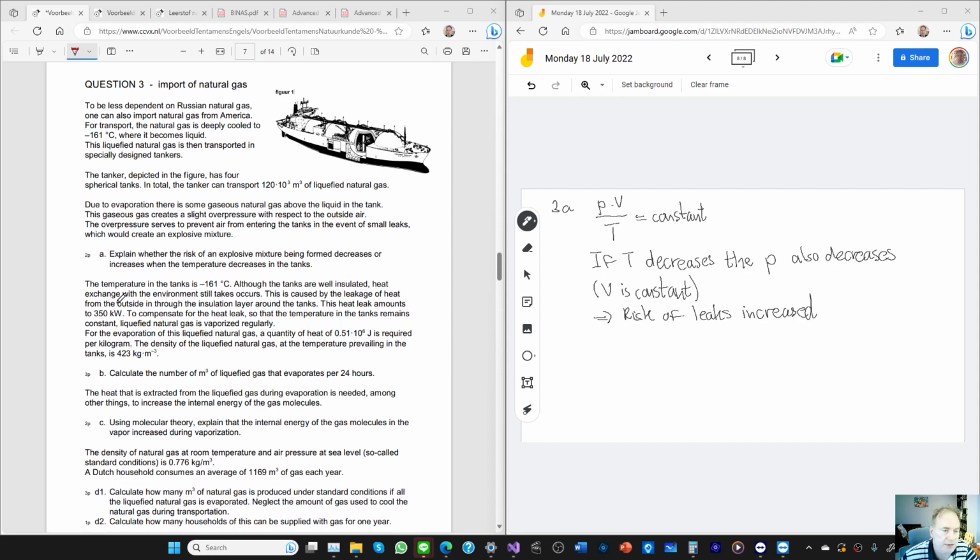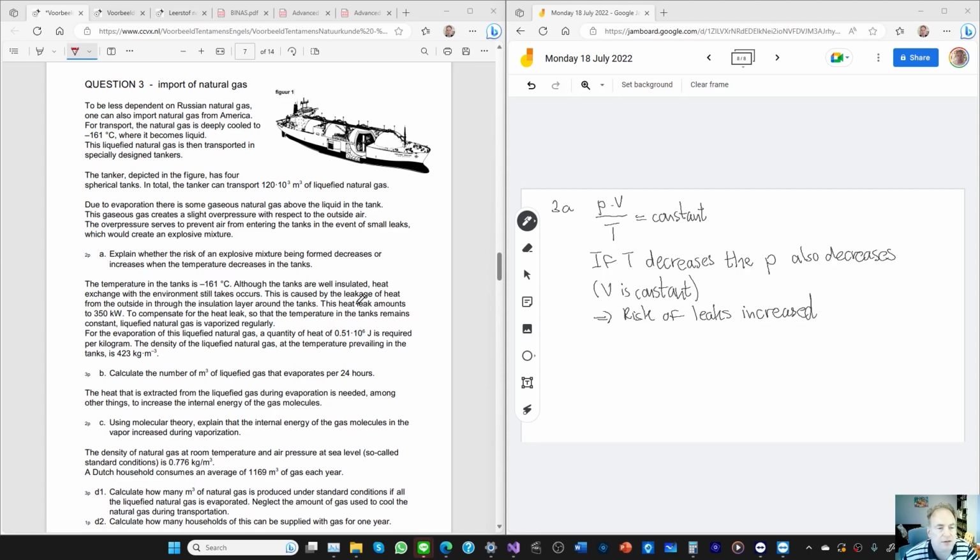So 350 kilojoule per second is leaking. To compensate for this, you need to vaporize the natural gas regularly. And to evaporate, a quantity of heat of 0.51 times 10 to the power 6 joules is required per kilogram.